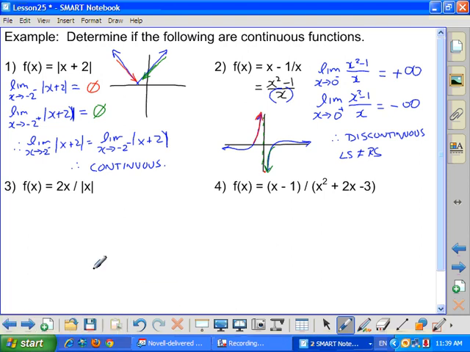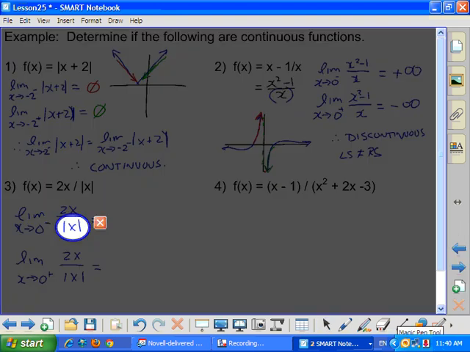Okay, for the next function, 2x over the absolute value of x. I'm going to look at the limit as x approaches 0 from the negative side for 2x over the absolute value of x, and the limit as x approaches 0 from the positive side. And the reason, again, I'm picking 0 to analyze is because that's where the issue is.